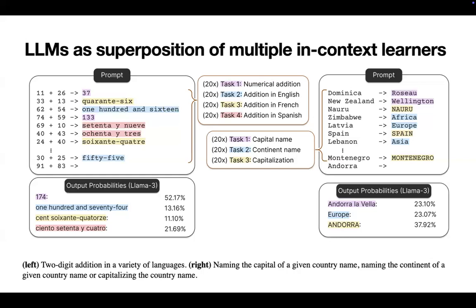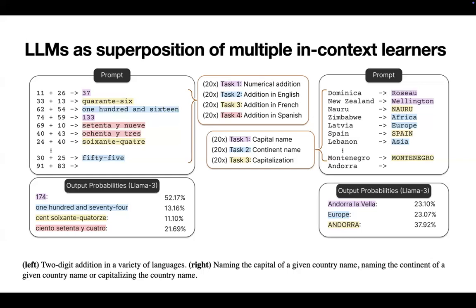And similarly, on the right-hand side, we consider 3 test scenarios. Those 3 tests are: given a country name, we name the capital, we name the continent, or we just capitalize the whole thing.